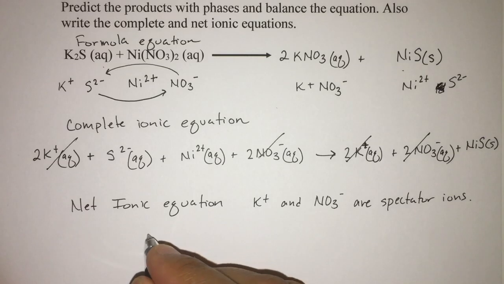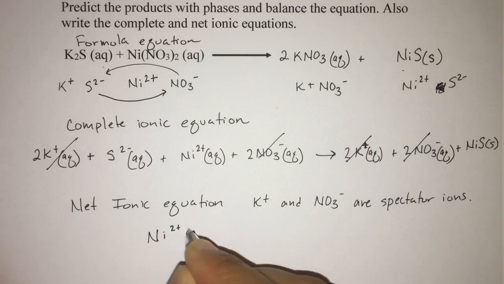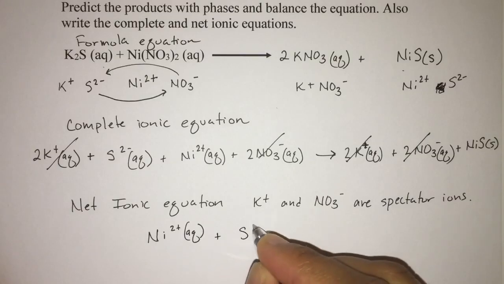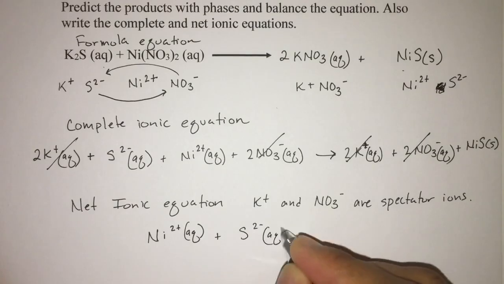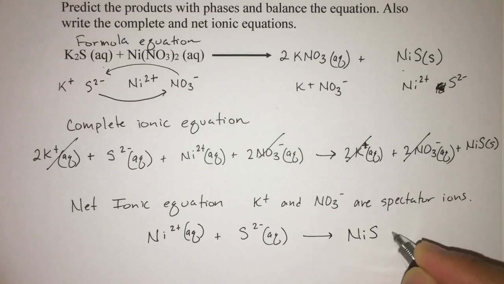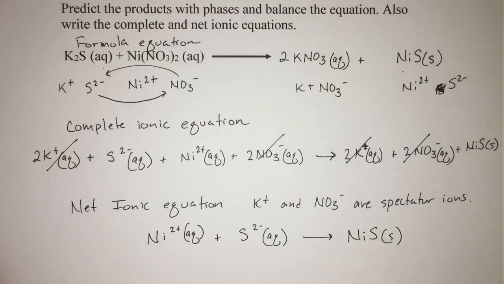So our net ionic equation, I'll write the cation first, because that's what we're used to, writing the cation first. So our net ionic equation is nickel reacting with sulfide to yield nickel sulfide. Nickel 2 sulfide, sorry.